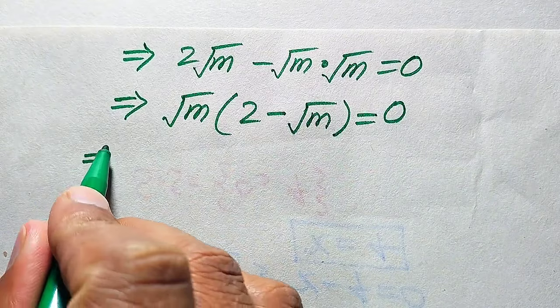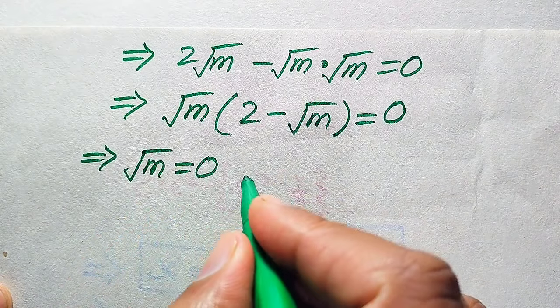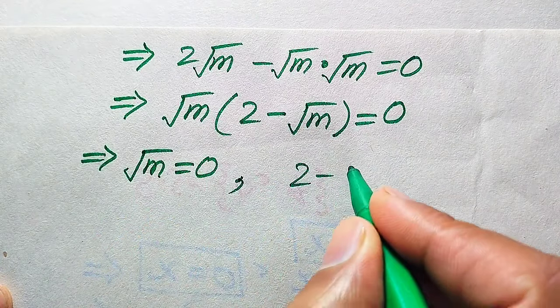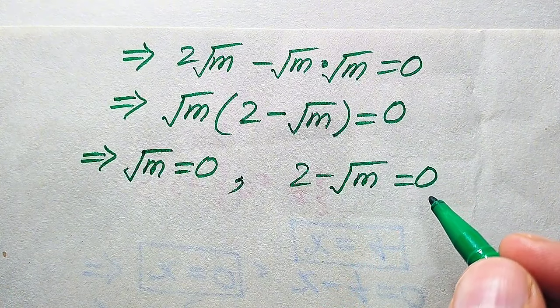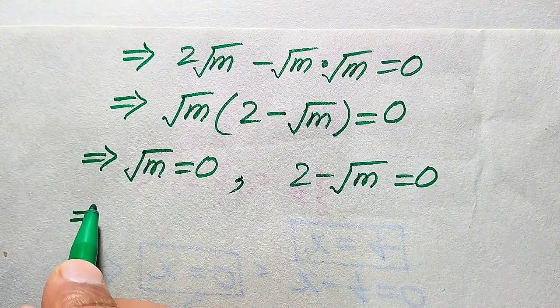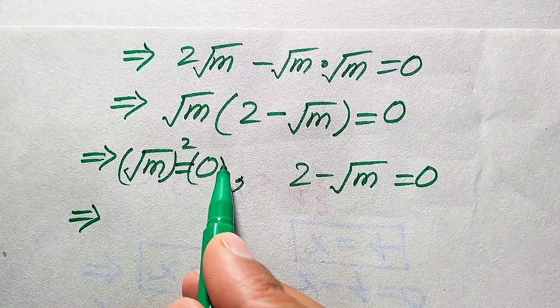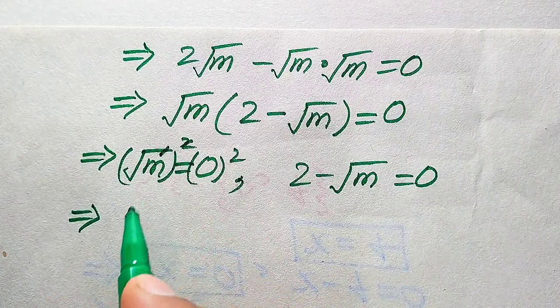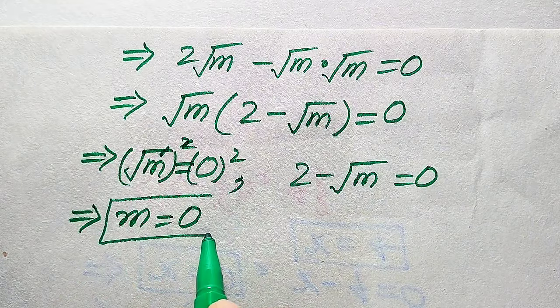And now we divide this equation into two cases. The first case is we write square root of m equals 0, and the second case is we write 2 minus square root of m is equal to 0. And from here we need to remove the square root sign, so we take squaring on both of the sides, and the 2 and square root are gone, and we get our m equals 0.